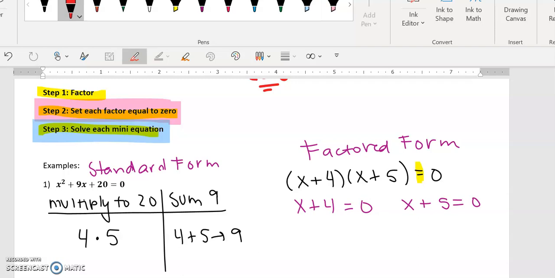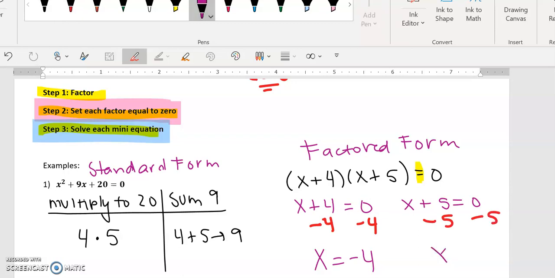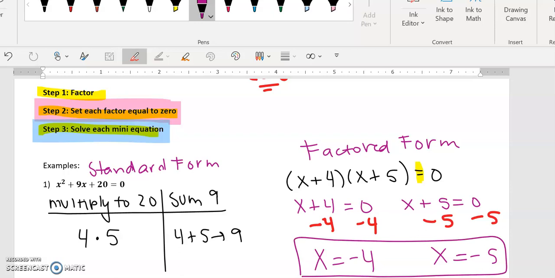When I say solve the mini equation, we're going to look at both of these and get x alone. On this side, I'm going to subtract 4 from both sides of the equal line, and I get x equals -4. On our other equation, I'll subtract 5 from both sides, and I get x equals -5. So this quadratic equation has two answers, -4 and -5.